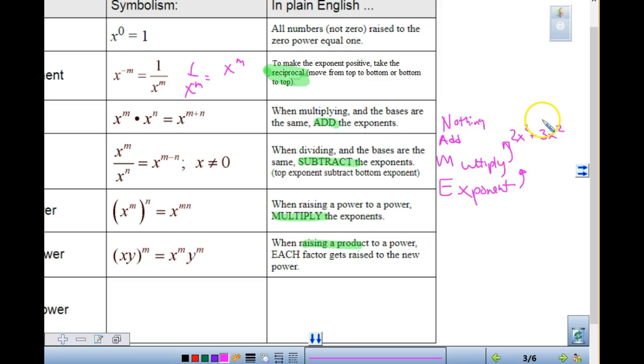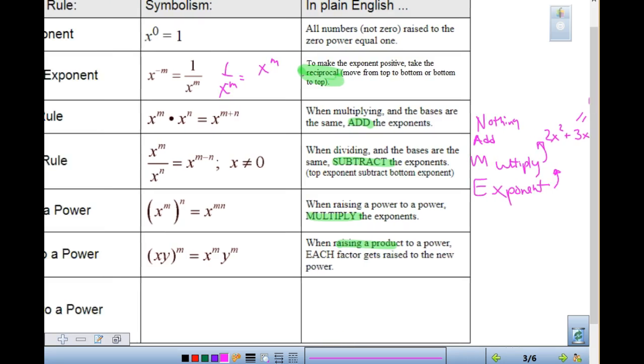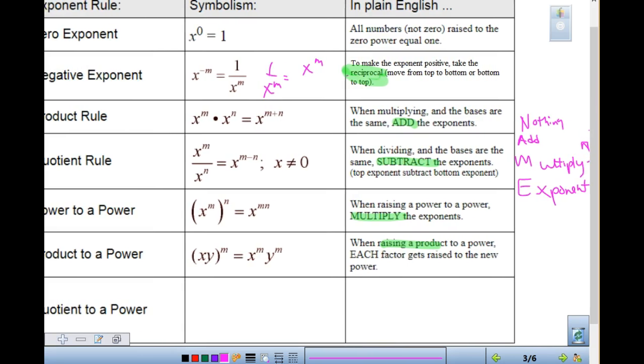This answer would be equal to 5x to the second. This stays the same. You do nothing to the exponent. Whereas here it's always telling you what to do to the exponent. Power to a power, you multiply. Multiplying with the same base, you add. And when you add, you should do nothing. Okay, so keep that in mind as a mnemonic to help you remember.